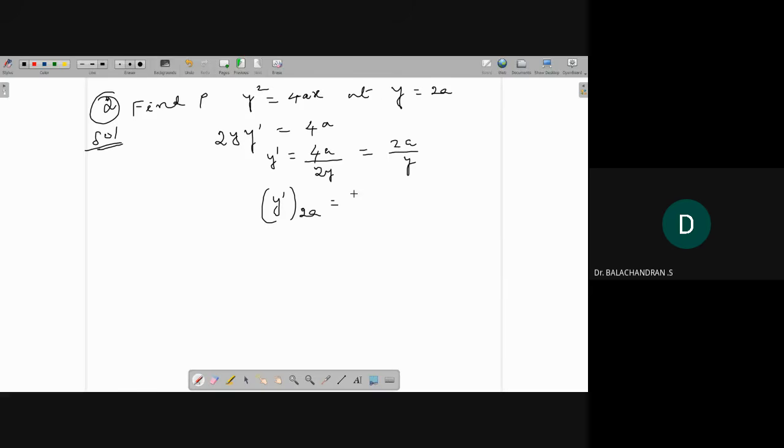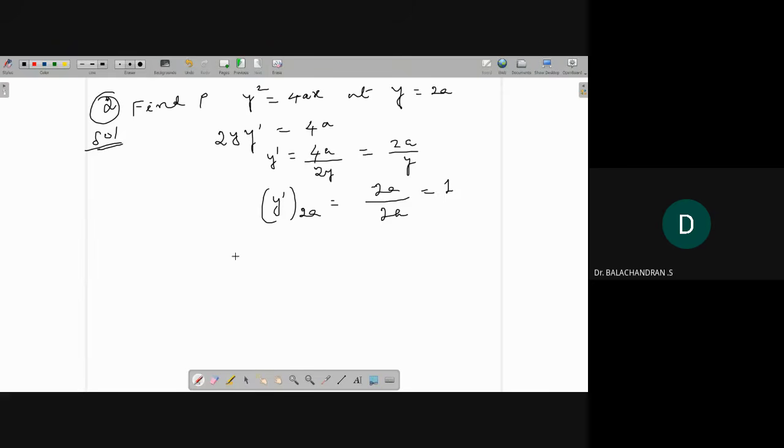I need y dash at the given point y equal to 2a, which is equal to 2a divided by y. Y is again 2a, so it is equal to 1. So first derivative at the given point is 1. Before going to find the second derivative, here y dash is equal to 2a by y, just cross multiply.